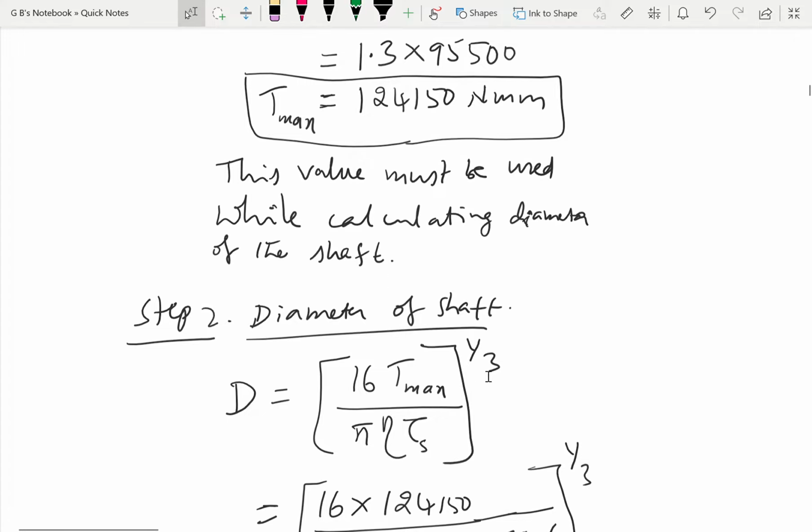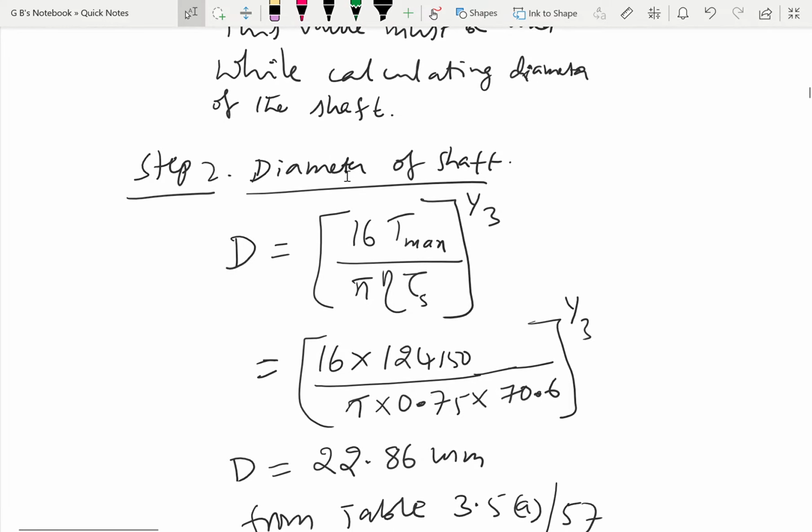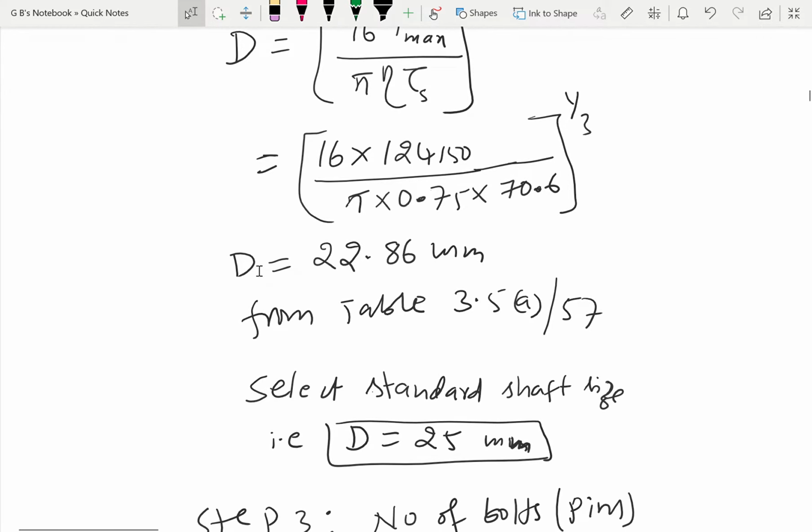Step 2. Diameter of the shaft. D is equal to 16 into T maximum divided by pi into eta into tau s, whole to the power of 1 by 3. After substitution, eta is nothing but the key way factor, that is 0.75, and tau s is the allowable shear stress in the shaft material, that is 70.6. So after substituting all these values, we get diameter D is equal to 22.86 millimeter.